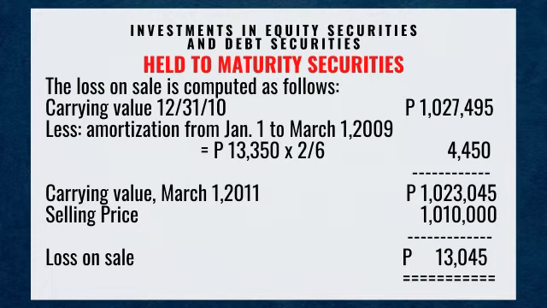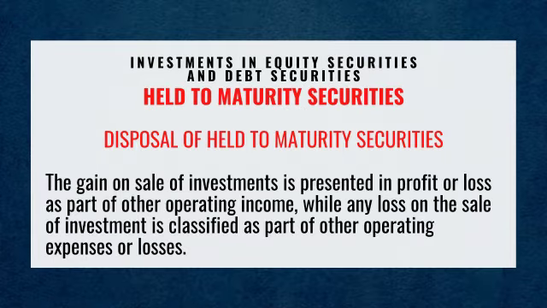The carrying value March 1, 2011 is 1,023,045 pesos. Selling price 1,010,000 pesos. Loss on sale 13,045 pesos. The gain on sale of investment is presented in profit or loss as part of other operating income, while any loss on the sale of investment is classified as part of other operating expenses or losses.